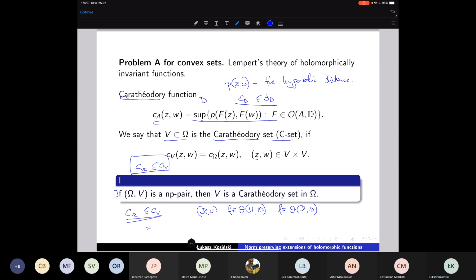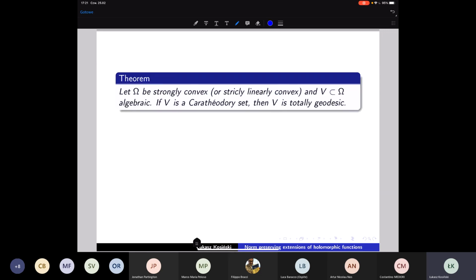Okay. So let me show how to exploit this notion and how Lempert's theory can work here. This is an example of a result, and I will outline how these methods can be used. So assume that omega is linearly convex and V in omega is algebraic. Then if V is a C set, then V is totally geodesic.